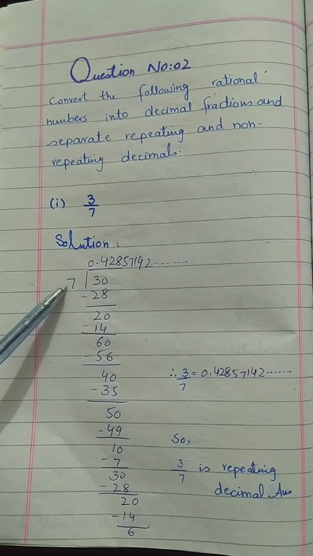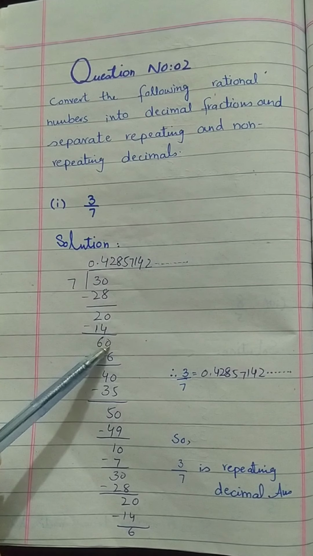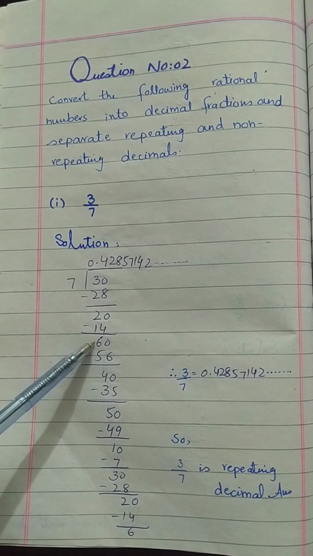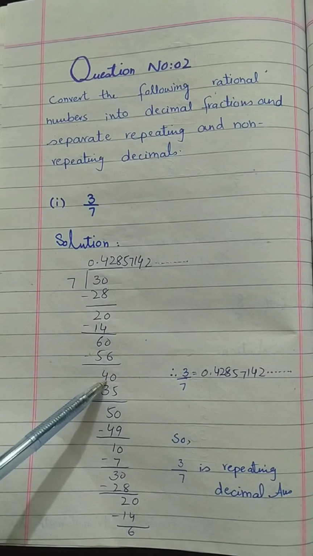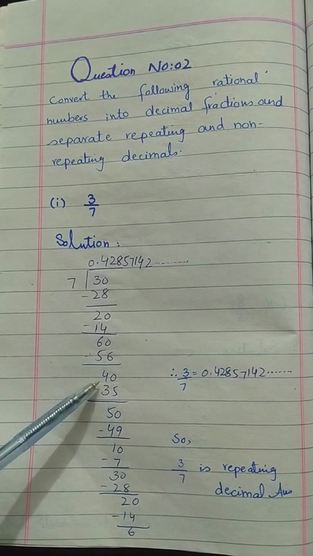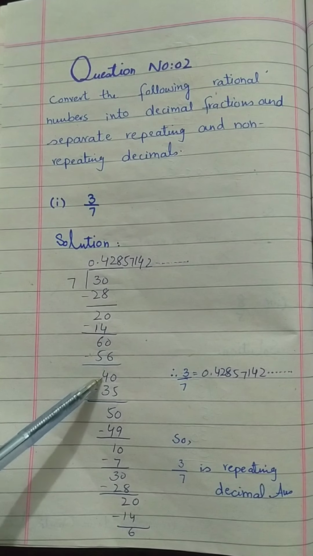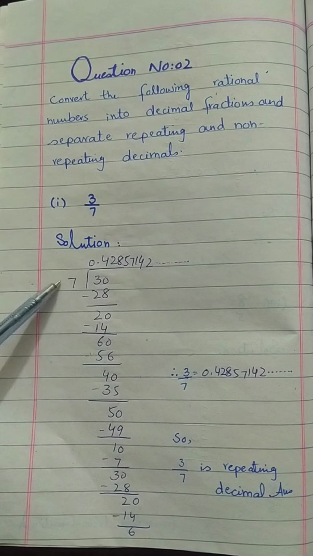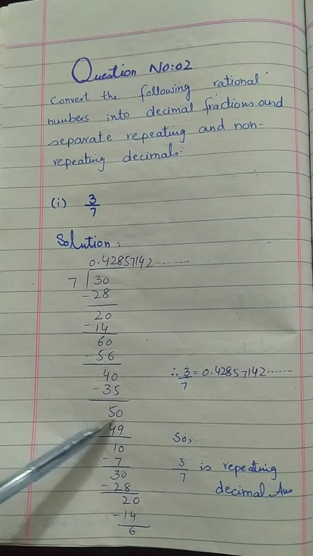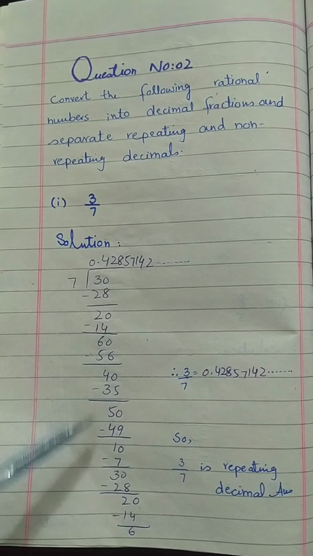6 is also less than 7. We put another 0. 7 8s are 56. We subtract 56 from 60 and get 4. 4 is less than 7. We put another 0. Here it becomes 40. Then 7 5s are 35. We subtract 35 from 40 and get 5. 5 is less than 7. So we get another 0 and it becomes 50. 7 7s are 49.